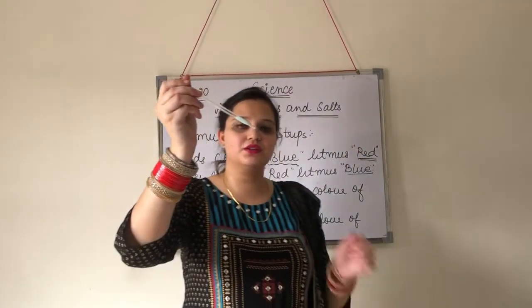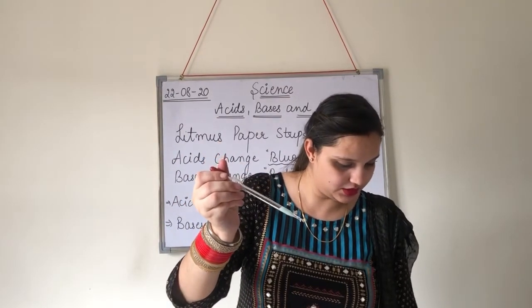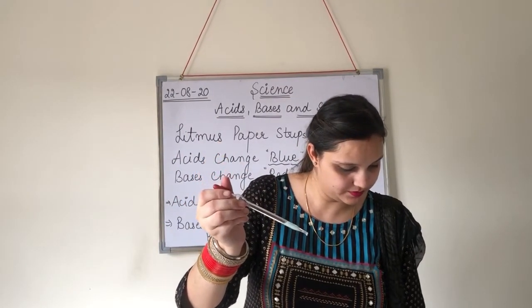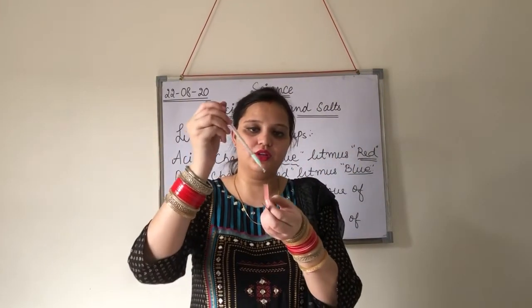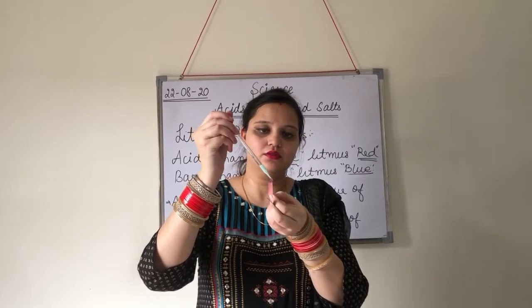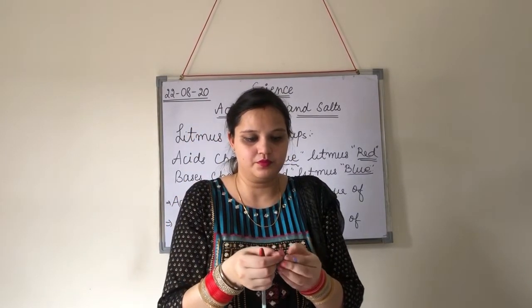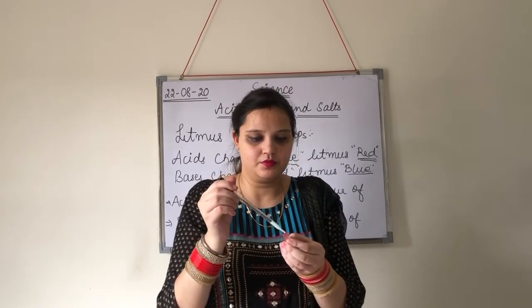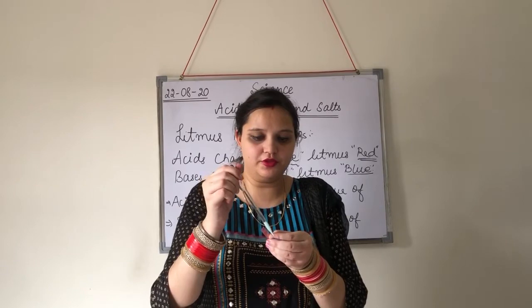So this is another solution I am taking. And again I will be taking the paper strips. So this is the red one. Let's check it on the red firstly. And similarly I am going to pour a drop of this on the blue also.